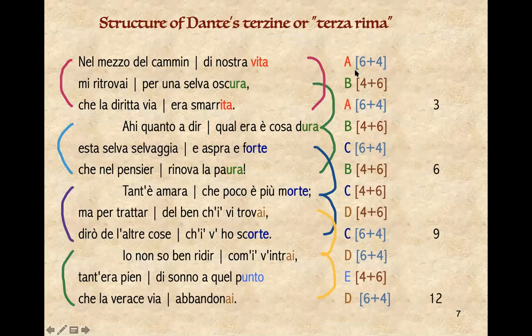And if you look to the right, you can see also the different accents of the rhyme. So, nel mezzo del cammin di nostra vita, mi ritrovai per una selva oscura, che la diritta via era smarrita. So this is the kind of rhythm that the hendecasyllables and the terza rima give to the poem.